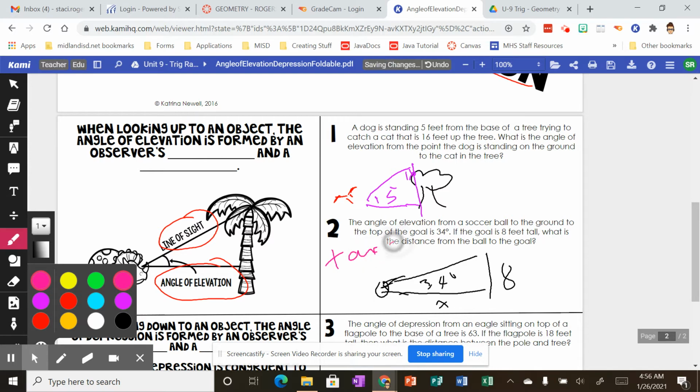Tangent 34 equals 8 over x. And if we have an x on the bottom, we divide 8 by tangent 34. So 8 divided by tangent 34.